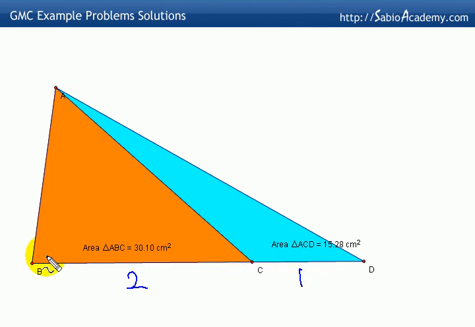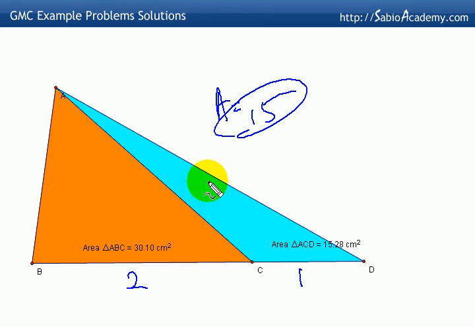Then the entire triangle's area is, say, 15. Then what's the area of this one and this one? Well, it's got to be a 2 to 1 ratio, so it's 10 and 5. Just like that. You may say, it's not 10 and 5. Well, I'm saying the ratio. If I say the total was 15, the way it is, the total is not 15.